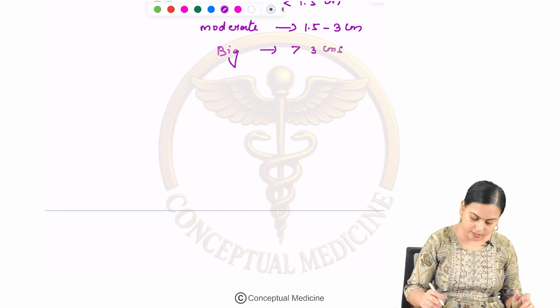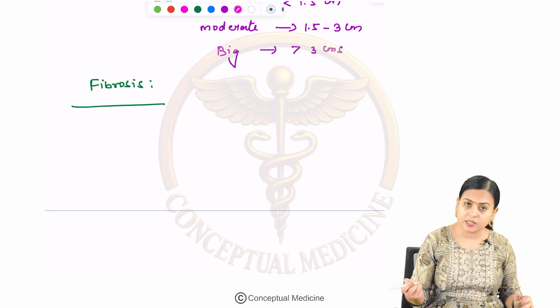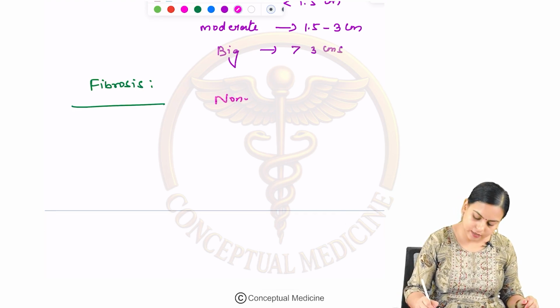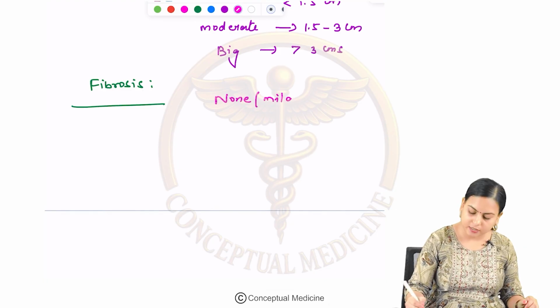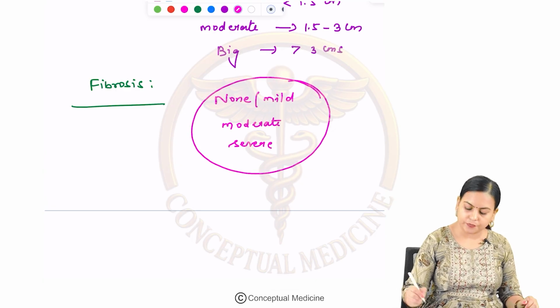Clear? Right. Let's also discuss the fibrosis. Fibrosis can be none or mild, or otherwise it can be moderate and severe also. Clear?